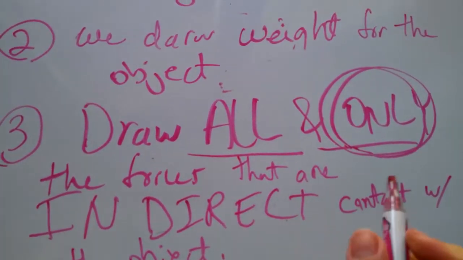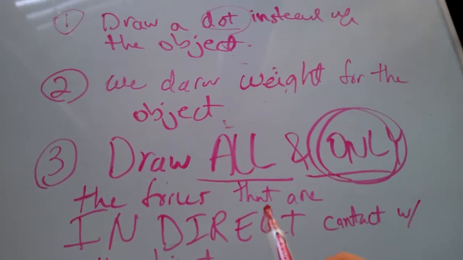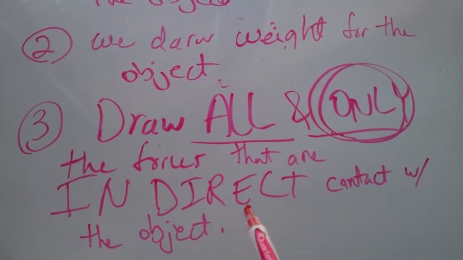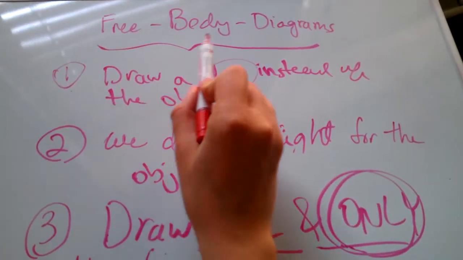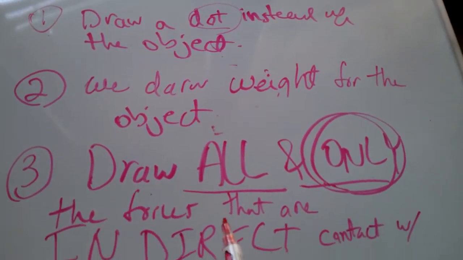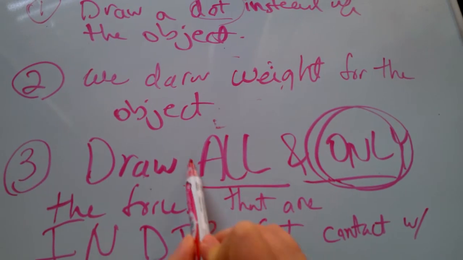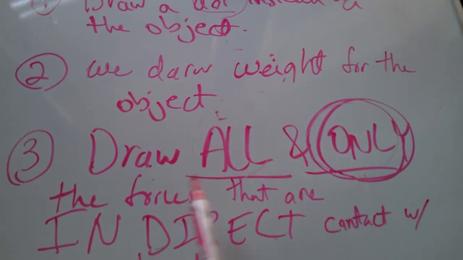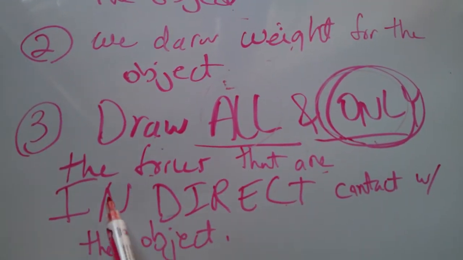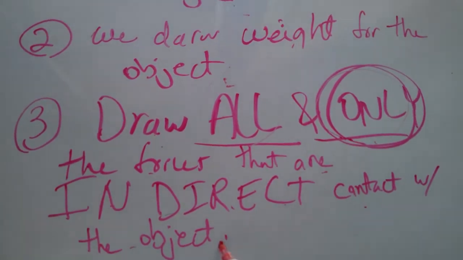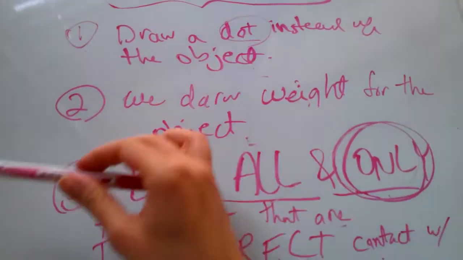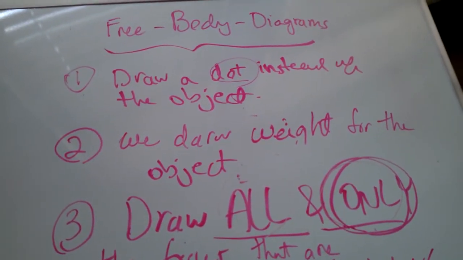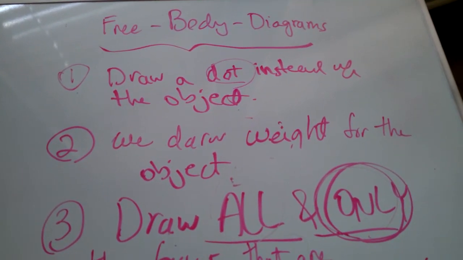Okay? Please, no matter how tempted you are to add more forces to the free body diagram, please refrain from doing so. Draw all and only forces that are in direct contact with your object. Okay? Once you're done with this stage, then you are done with drawing the free body diagram.